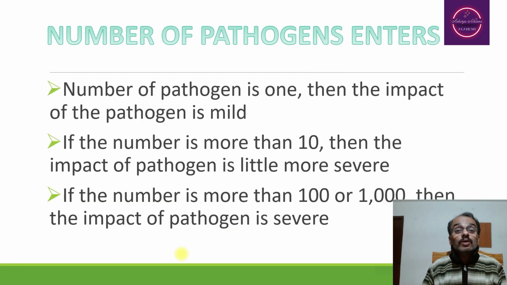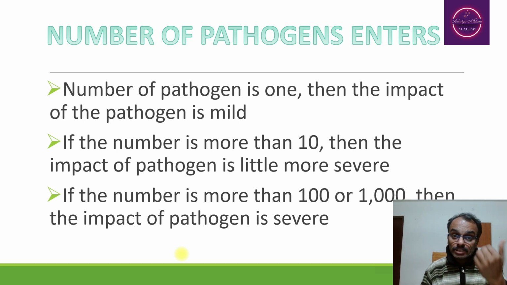Next, about the number of pathogens. It also has an important role in predicting the pathogenesis, the severity of pathogenic processes or pathological events. Suppose the number of pathogens is 1, the impact of that particular pathogen will be mild. If one pathogen enters through the mouth, naturally it enters into the stomach.